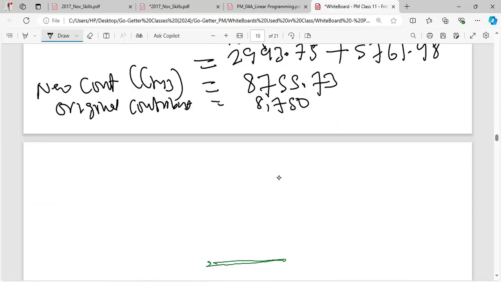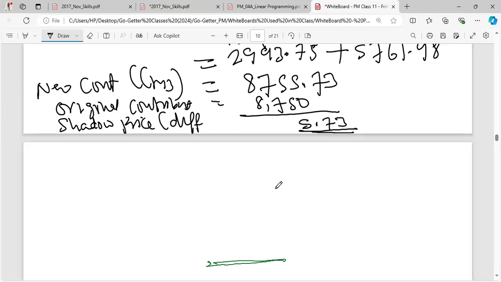I will now say shadow price, which is the difference, is going to give us 5.73.